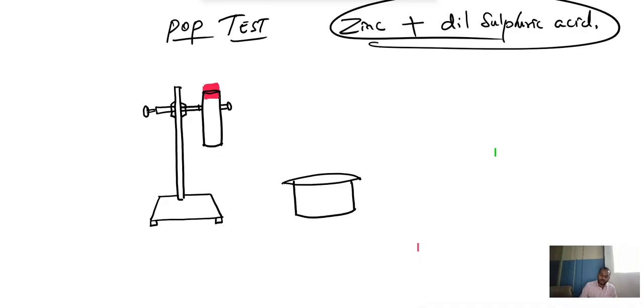Now we are going to use a tube called a delivery tube. It's in a bent shape. That is said to be a delivery tube.